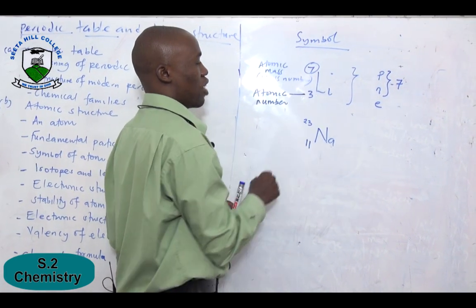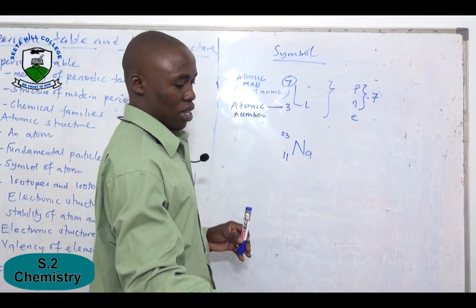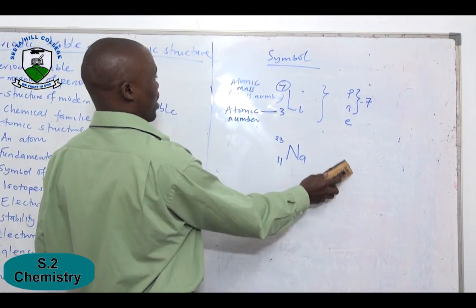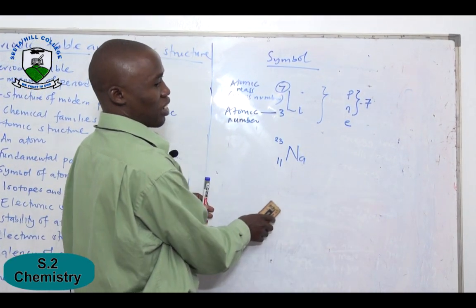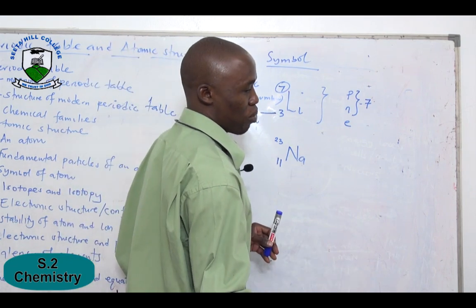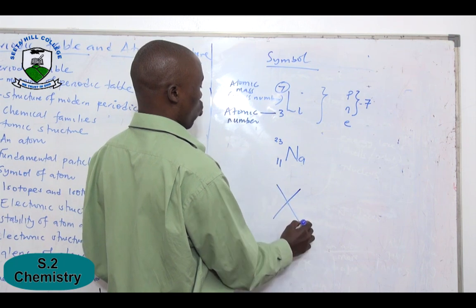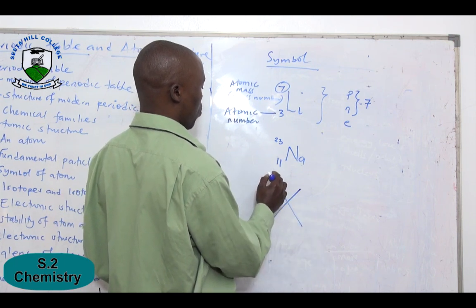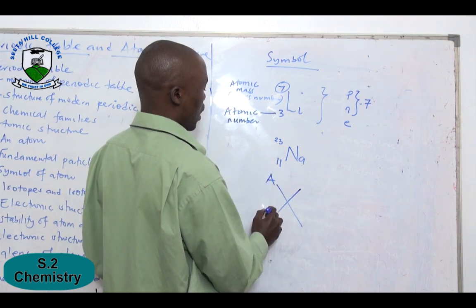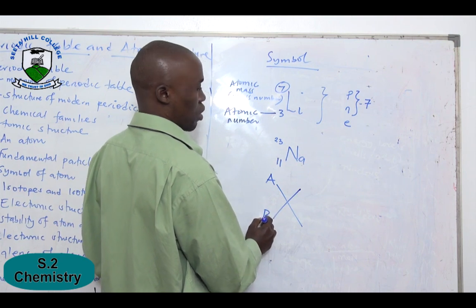Now we are going to start our definitions here. I'm removing this to make the information more elaborate. An atom is symbolized with 1 number up and 1 number down.